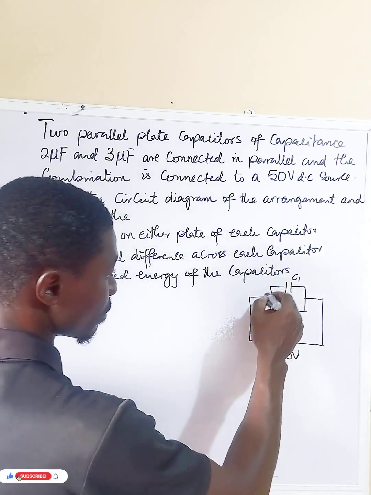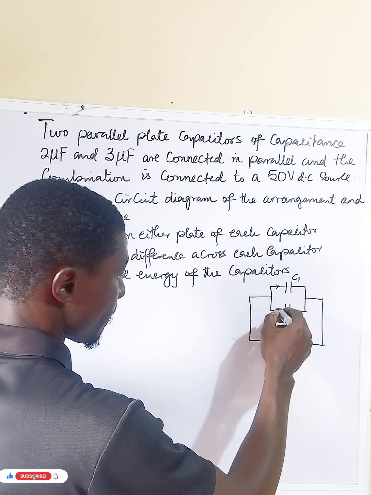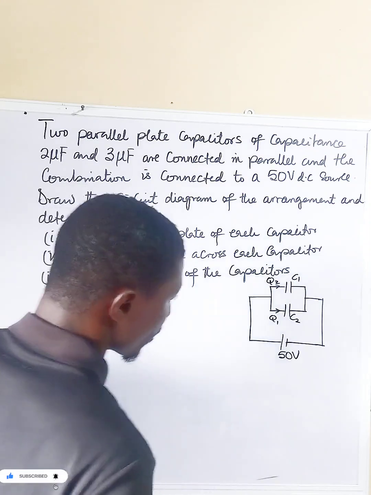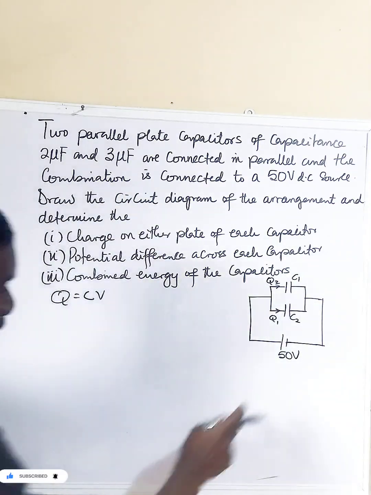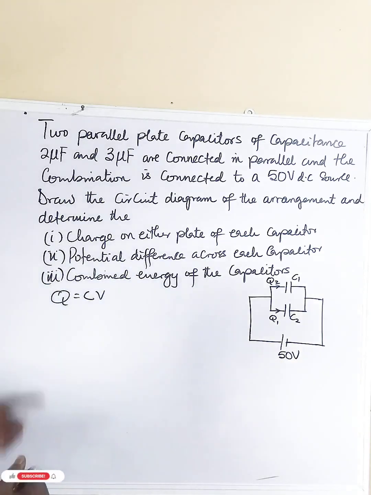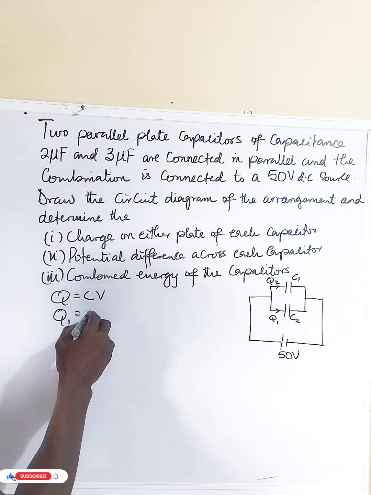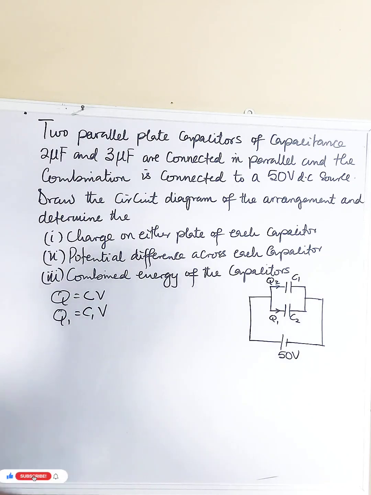So we have different charges but the same voltage. To this end, for Q1 we have C1 and V, since we have a common voltage, the potential difference.